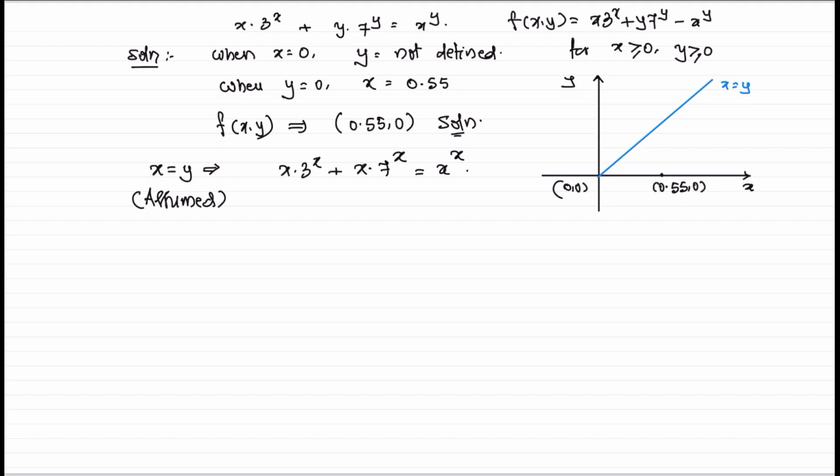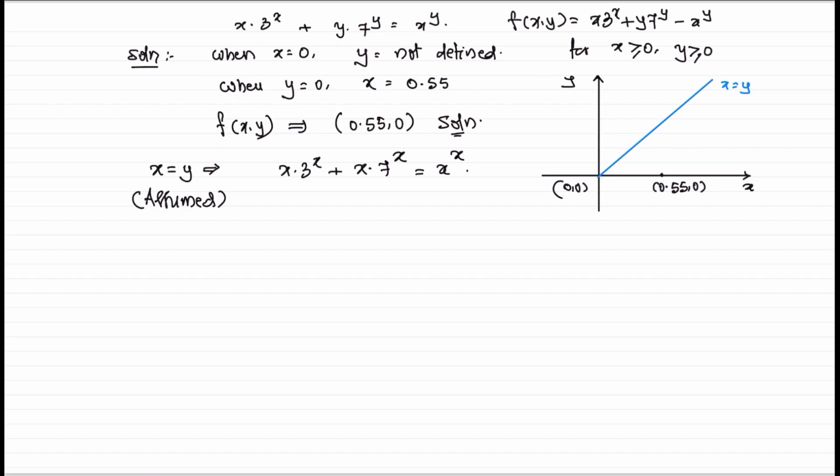For example, let's fix the boundaries. The maximum value that it can attain on the x-axis is 0.55 for the first quadrant. What will be the maximum value that this curve can attain on the y-axis?